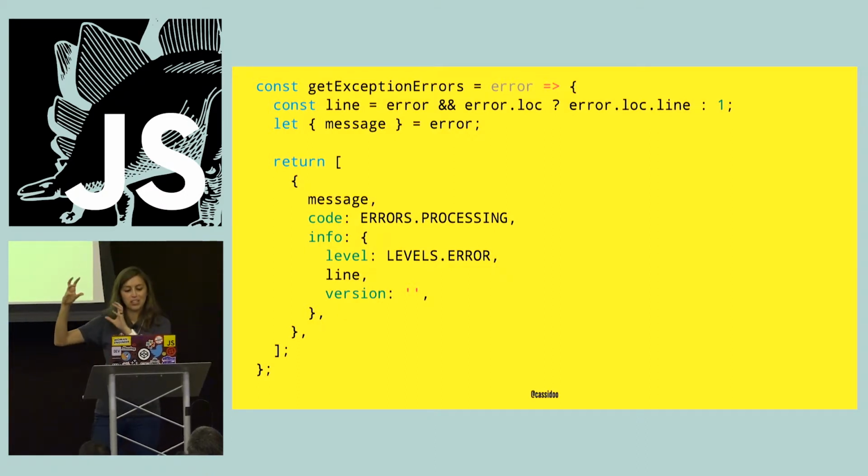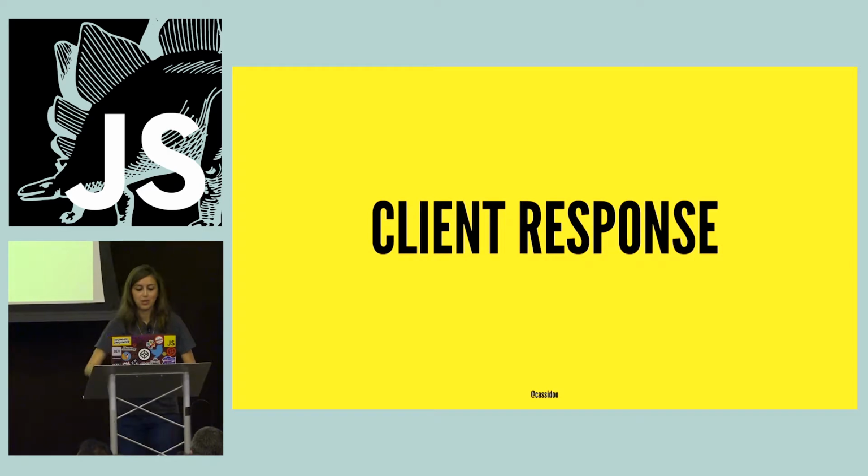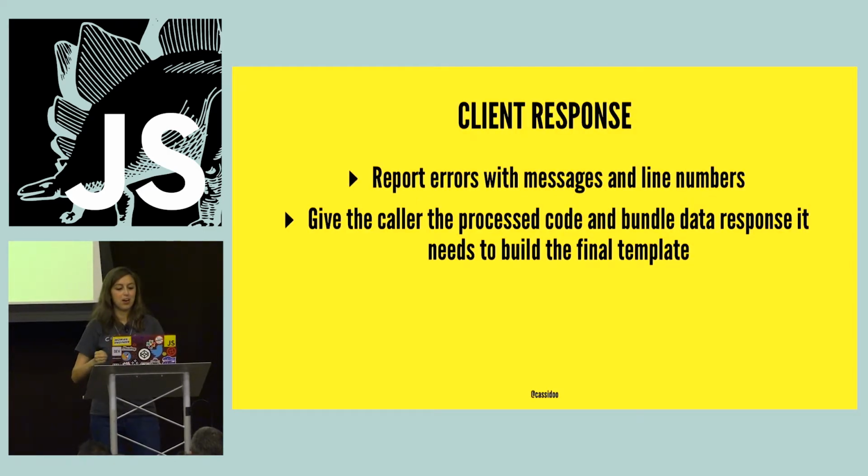Then we use that line to be able to, on the user interface side, put the error somewhere in your code. And then we get the error message saying, hey, you missed a semicolon or something like that. As we put all that together, we return this JSON that will compile into the ultimate response, which I'll talk about now, the client response. So you get all of your errors with the messages and the line numbers where those should happen.